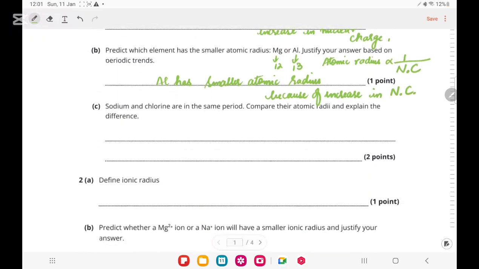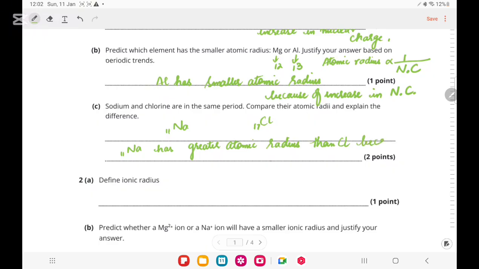Sodium and chlorine are in the same group. Compare their atomic radii and explain the difference. Sodium has proton number 11 and chlorine has 17. So sodium has the greater atomic radius than chlorine. Why?